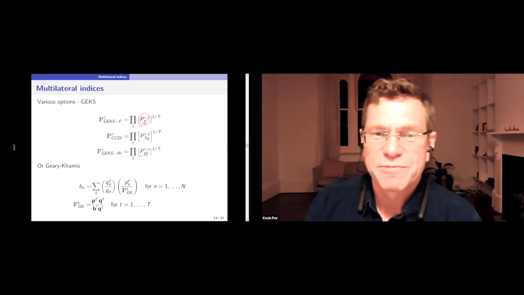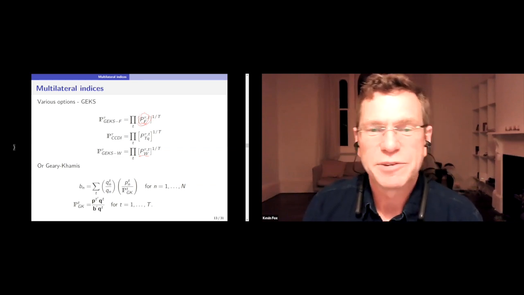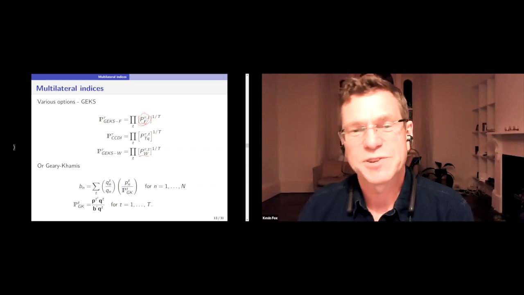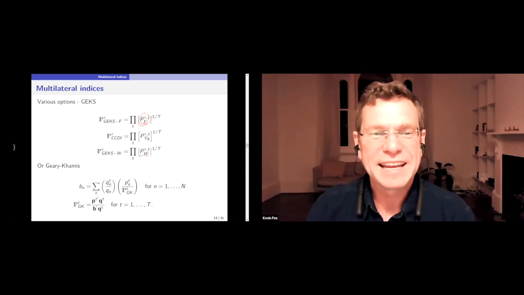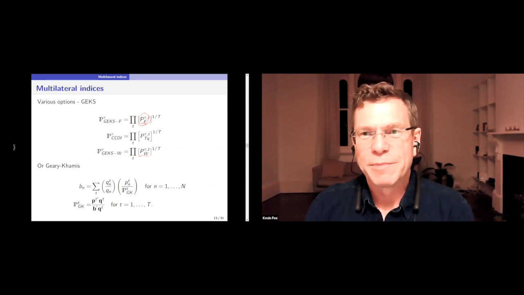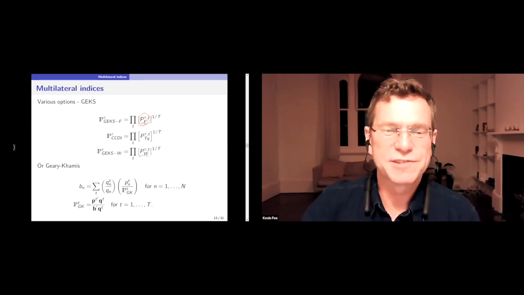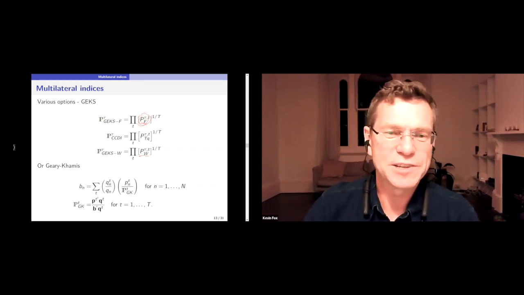Now, there's also the Geary-Khamis index, and you can think of that perhaps as a quality-adjusted unit value index. It was popular in the multilateral comparisons literature, comparing incomes and prices between countries.